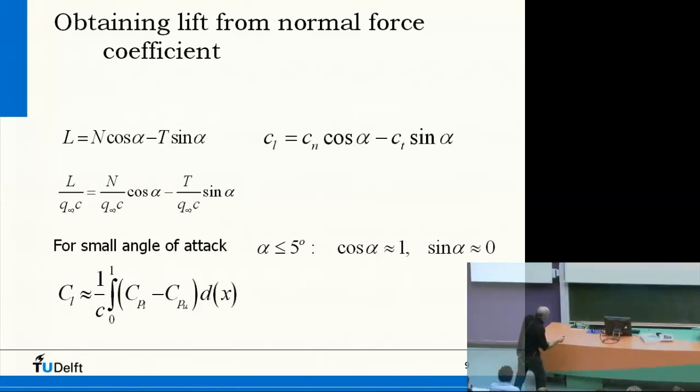For small angles, cosine alpha is about 1 and so on, so Cl is about Cn. When you talk about airfoils in wings, the angle of attack in cruise is not far off from very small angles, because there the CD is low. Okay.